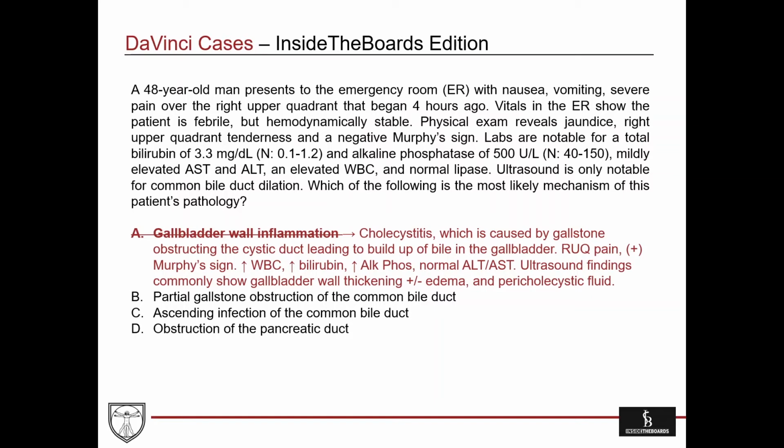Let's see, you mentioned ultrasound findings. So the classic ones that are probably going to show up as descriptors on an exam would be gallbladder wall thickening and pericholecystic fluid, or fluid around the gallbladder. What's important to note here is that just the presence of stones inside a gallbladder does not mean a person has cholecystitis.